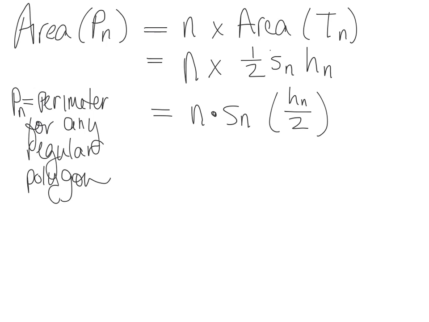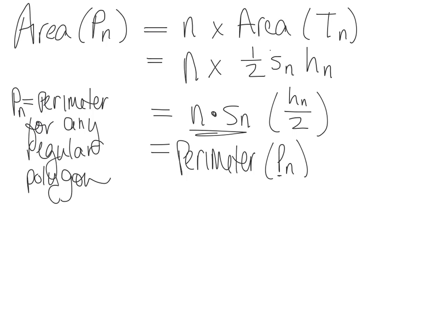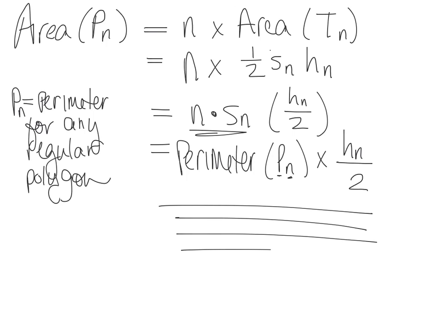It's the same as what we did for the hexagon. This right here is the perimeter of any polygon, the number of sides times H, over 2. Okay, we're going to use this. That's why I want you to see it.